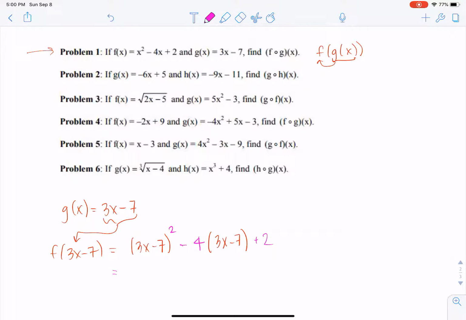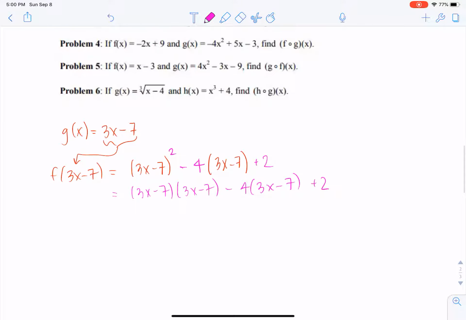So here I have 3x minus 7 times 3x minus 7, minus 4 times 3x minus 7, plus 2. We can simplify this out. This is going to give me 9x squared minus 21x, also minus 21x plus 49, minus 12x plus 28, plus 2.